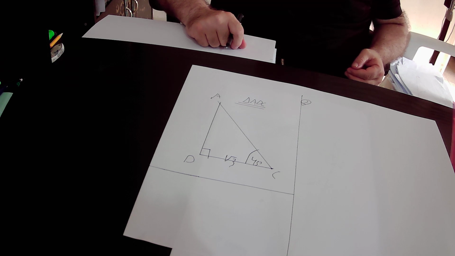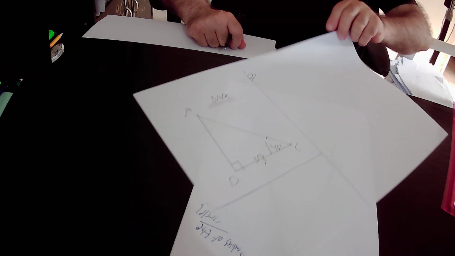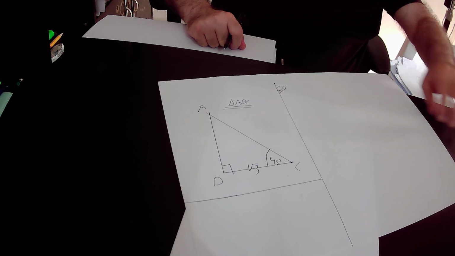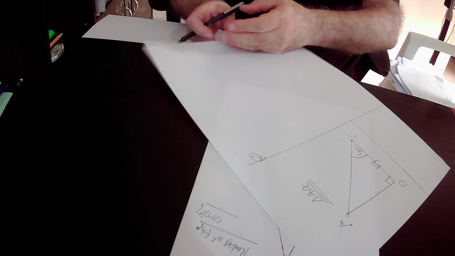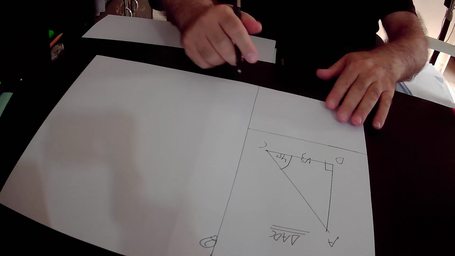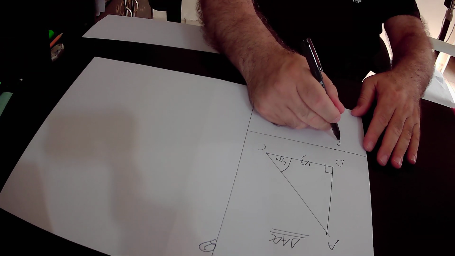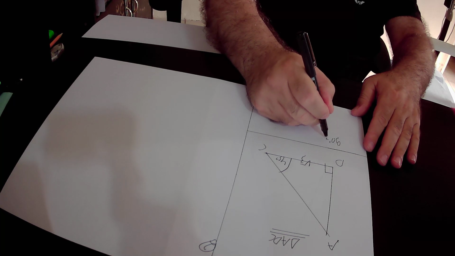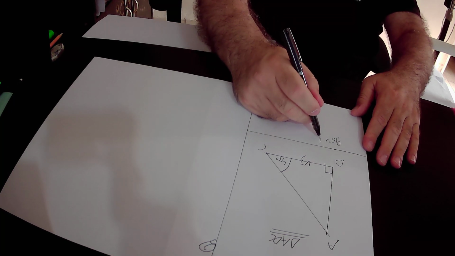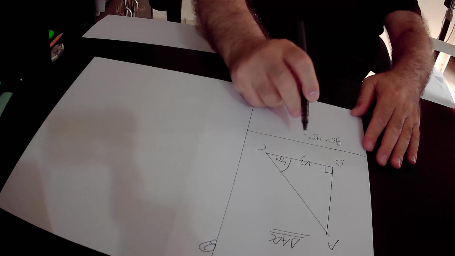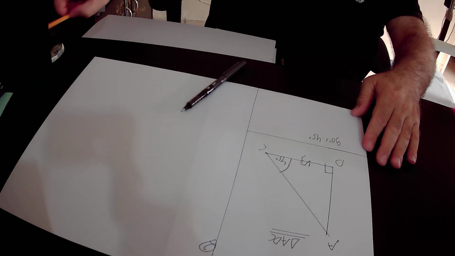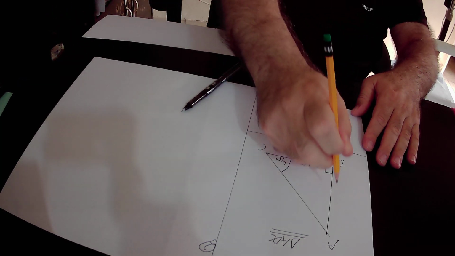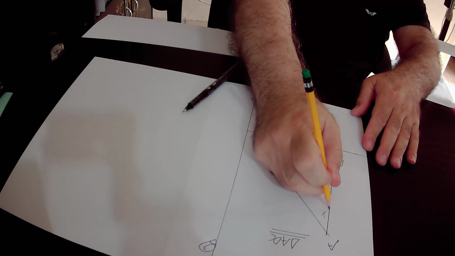The sum of the angles inside triangle ADC is equal to 180 degrees. So which angles do we have inside triangle ADC? We have this angle that is equal to 90 degrees, plus this angle that is equal to 45 degrees, plus the missing angle, this angle we define as x.